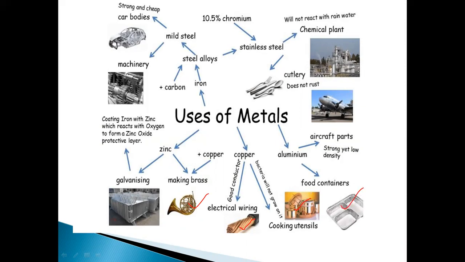And food containers, aircraft, industries, cutlery like spoons and knives, etc. We can have heavy machinery and car bodies, and we use them for electricity purposes as well, and for galvanizing purposes, that is, to protect steel with a coating of zinc.